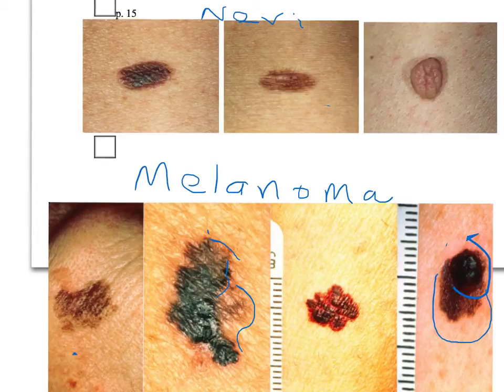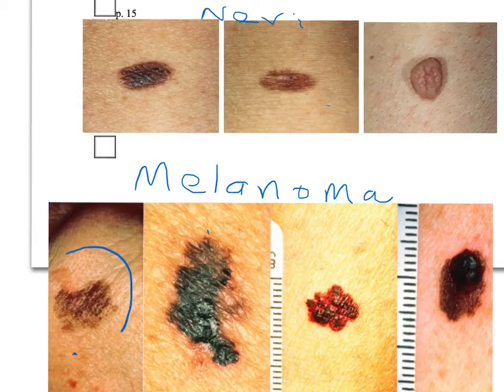The color is the third aspect we want to look at. And the color should be uniform brown if it was a mole. You don't really want much color variation. And if you see in this first picture of a melanoma, we have brown, but we have dark brown and light brown.